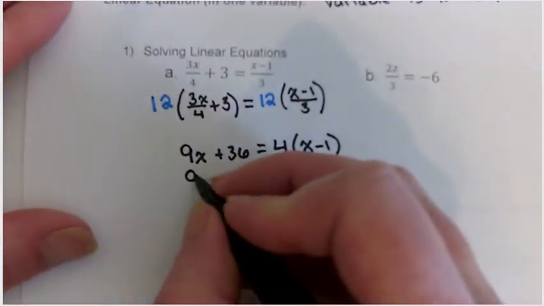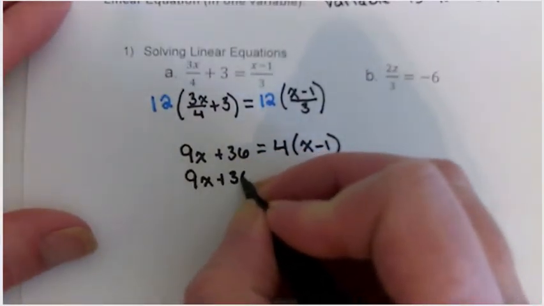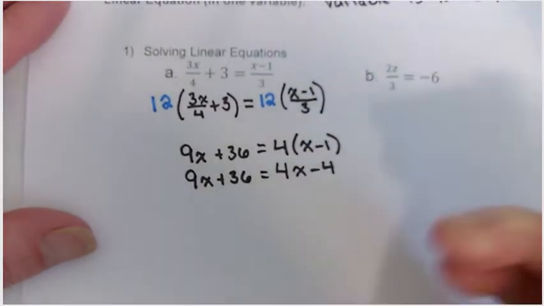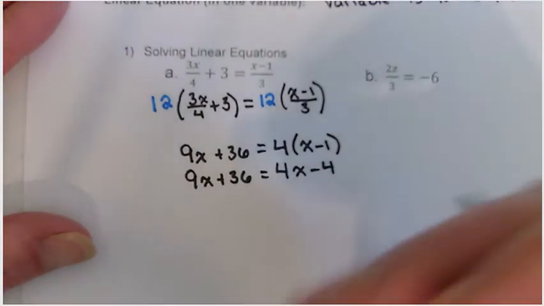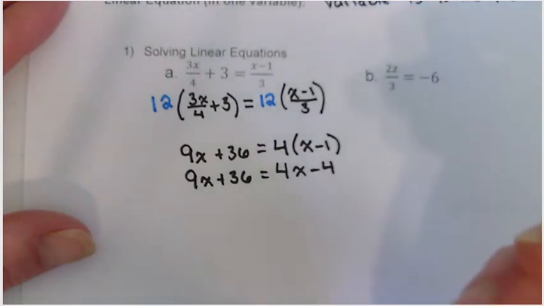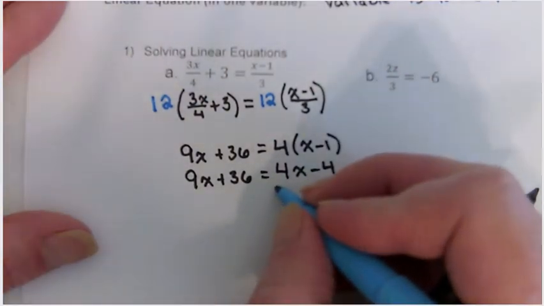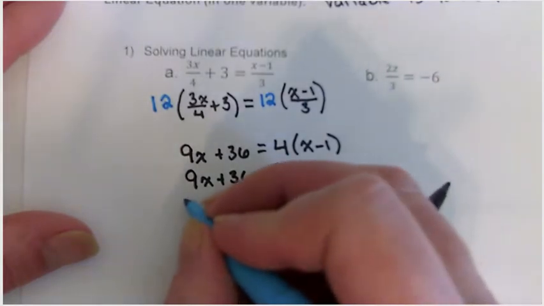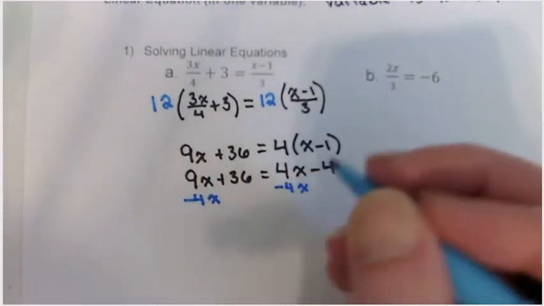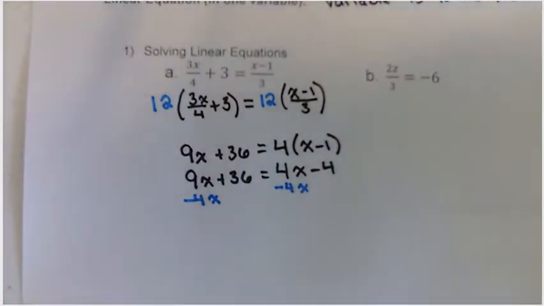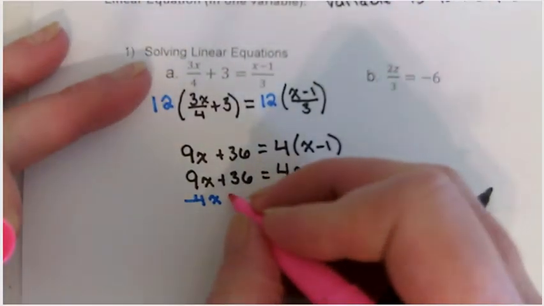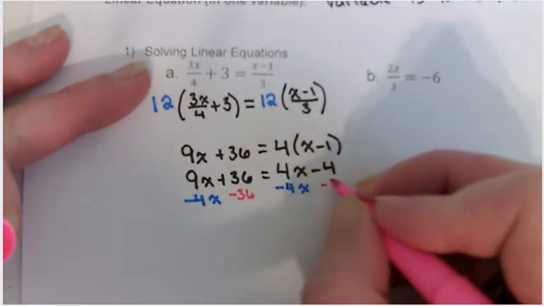Okay, so I get 9x plus 36 equals, distribute. And now we want to get all our variables on one side and all of our non-variables, constants, on the other side. So I'm going to subtract the 4x from each side. That's going to put all my x's on the left side. Well, that means I want all my constants on the right side. So I'm going to subtract 36 from each side.